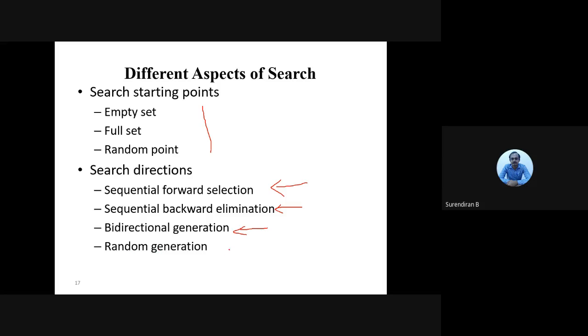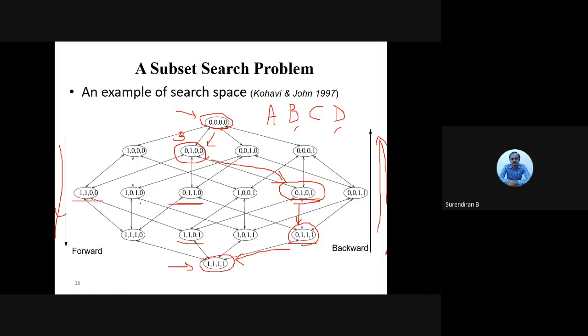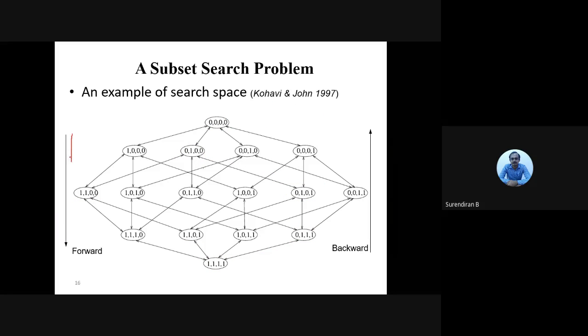And random generation is where we randomly generate the next subset. We randomly add or delete the features. That way we identify the best subset. So this is sequential forward and this is sequential backward elimination.